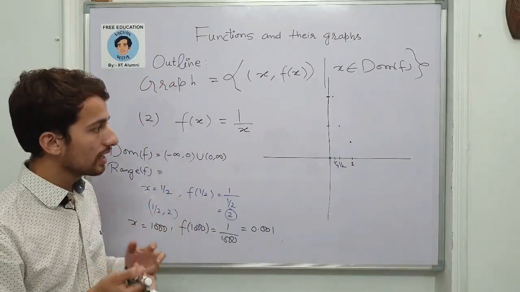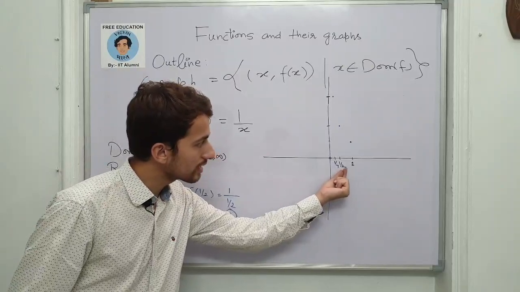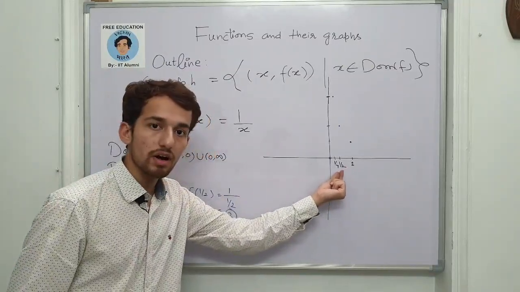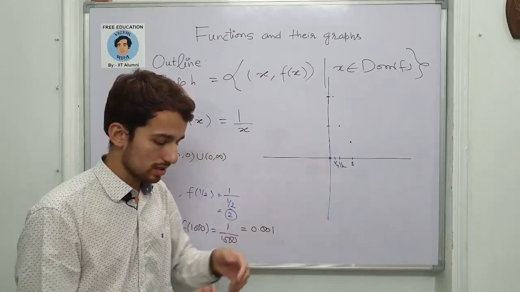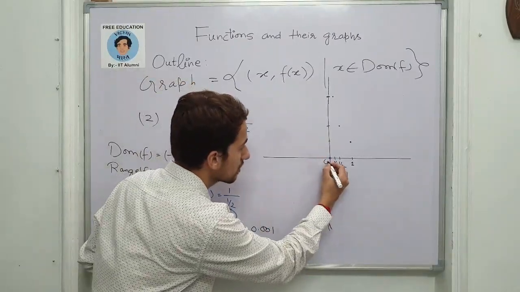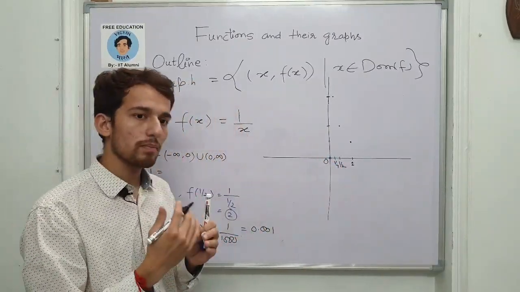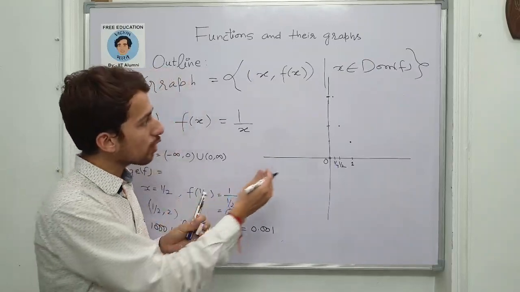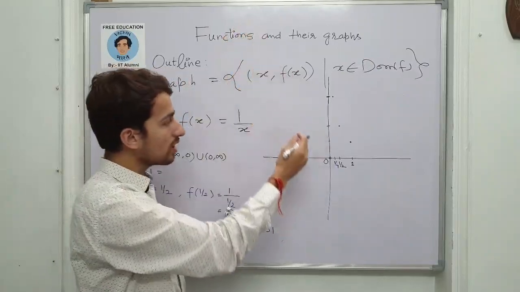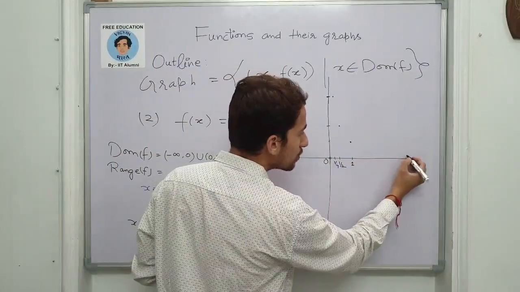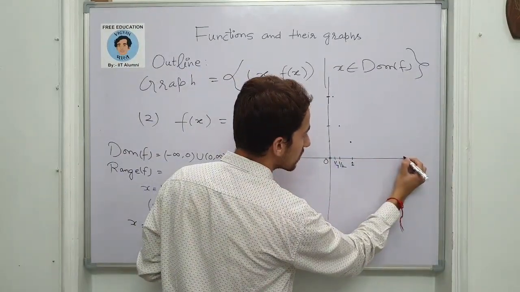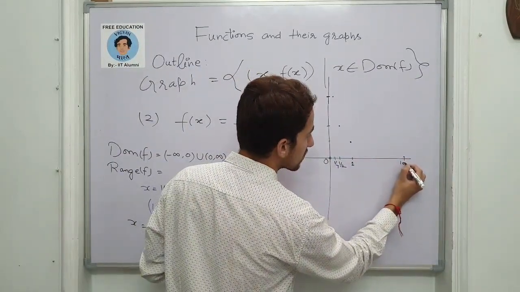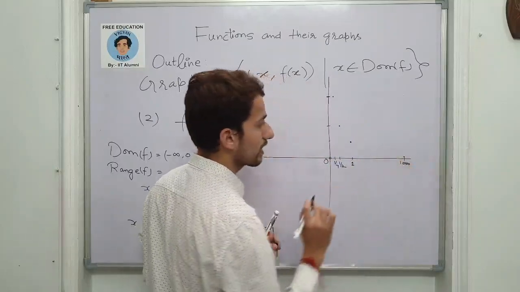If you choose values less than 1 but greater than 0, where 0 lies here at the origin, all the values which are positive and strictly less than 1 give very large output values. All the values which are large enough give very small output values. Suppose this is my 1000 here, and this is a very small value.